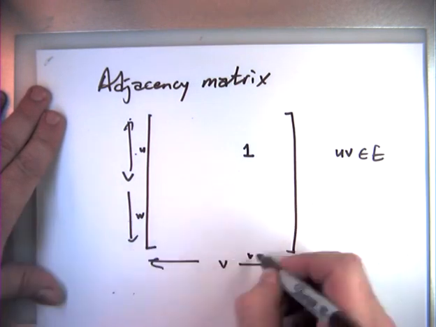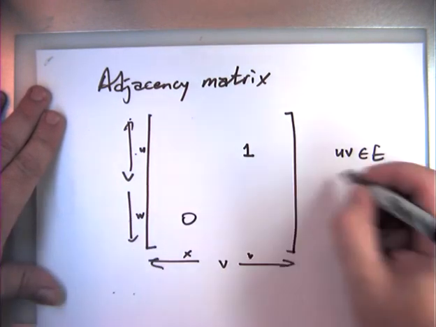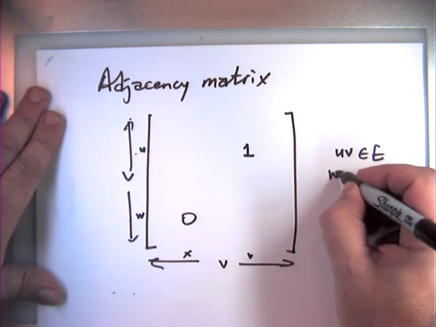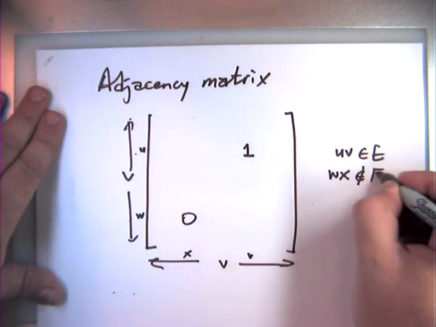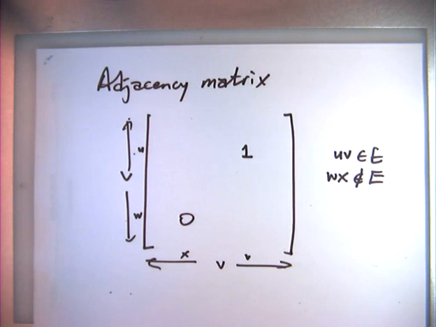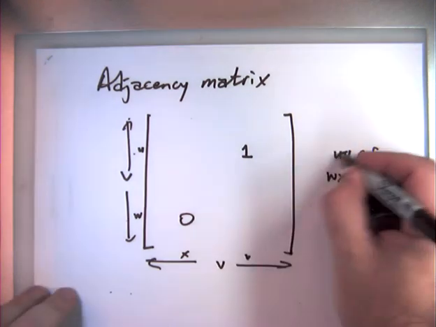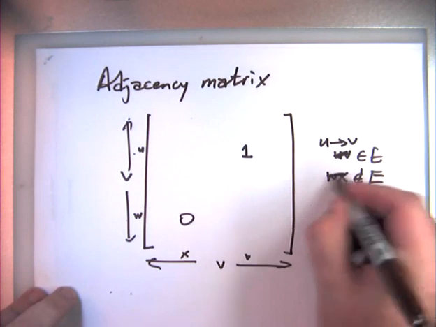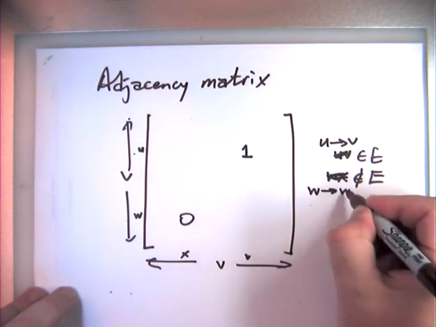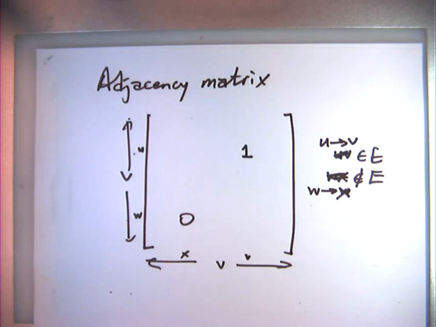And there's a 0 in row W, column X, that indicates that WX is not an edge. If the graph is undirected, this matrix will be symmetric around the main diagonal. If the graph is directed, then the row indicates the tails of the edges and the column indicates the heads of the edges. And so now this means there's an edge from U to V, but there's not an edge from W to X.